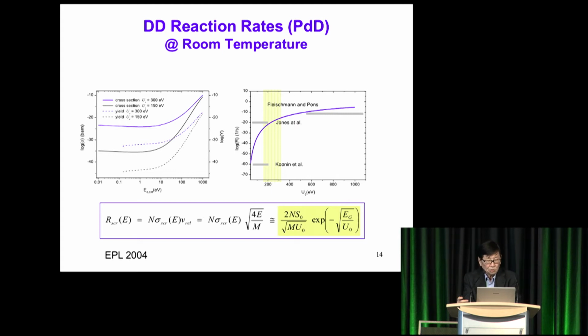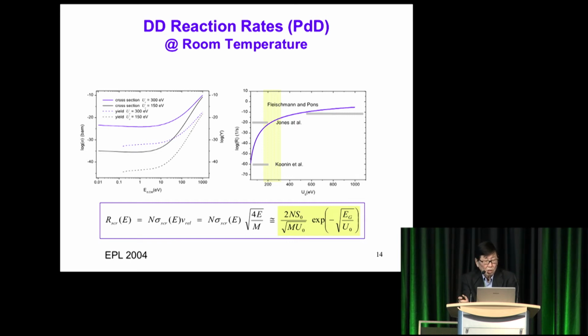The first one is determined by cooling. It corresponds to the deuterium molecule, and Steve Jones's measurement of neutron emission in electrolysis, and Fleischmann-Pons excess heat in electrolysis. So these are three lines over there.